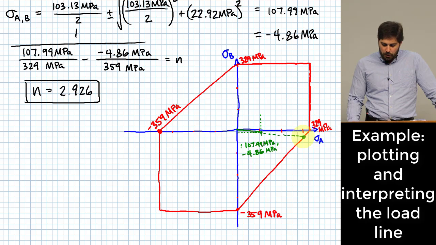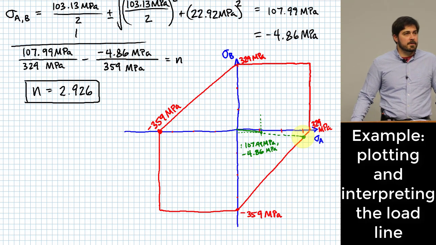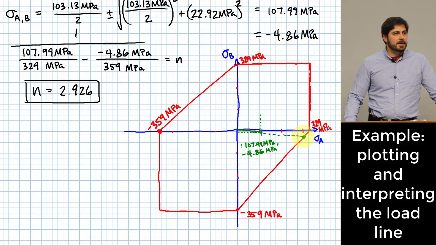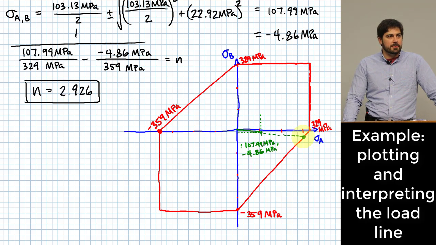Does that look like it's about right, that the ratio would be 2.926 or so? Yeah, about a third or so of the line looks like it's covered. So it looks like our failure locus plot and the load line agree with what we calculated algebraically.